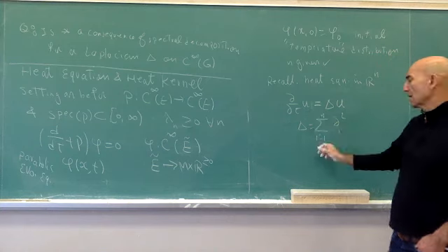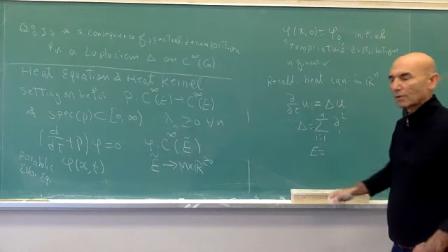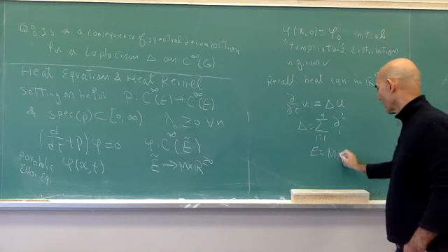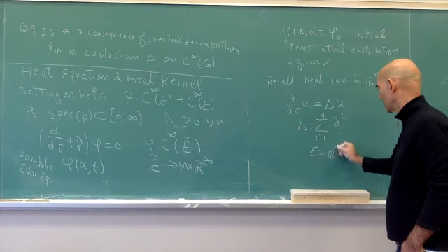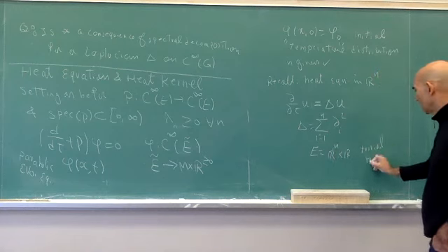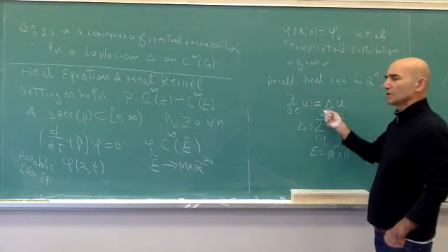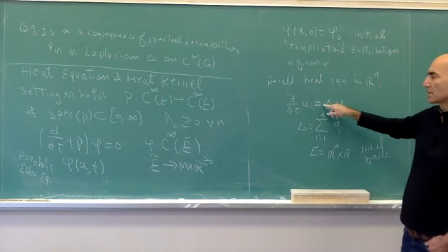In this case, the bundle E is just the trivial bundle, Rn cross R. This is called the heat equation or diffusion equation, and there's a coefficient here called the diffusion constant.